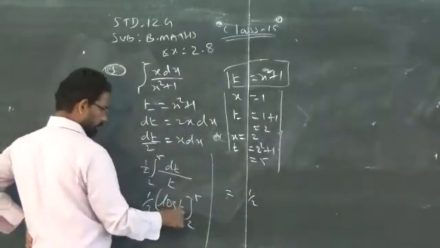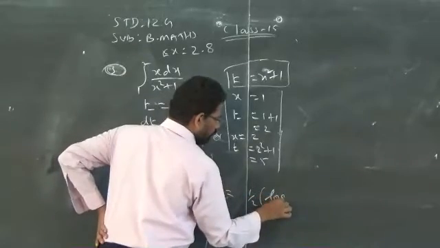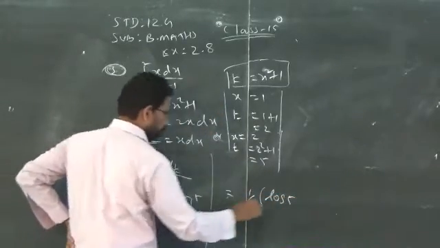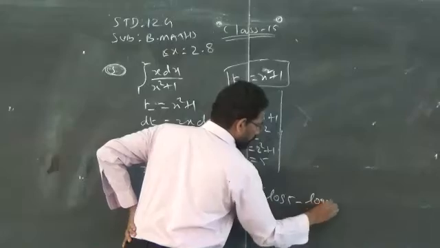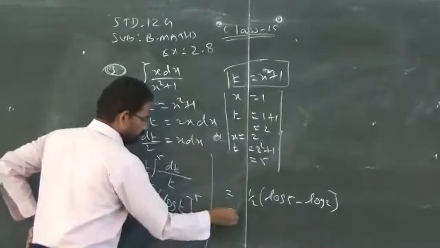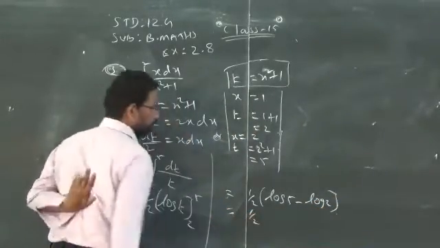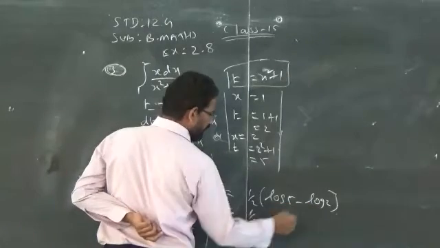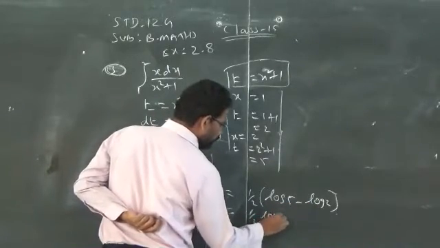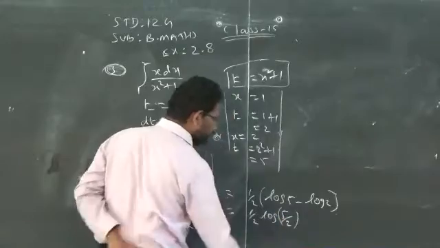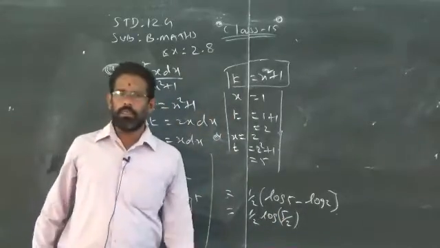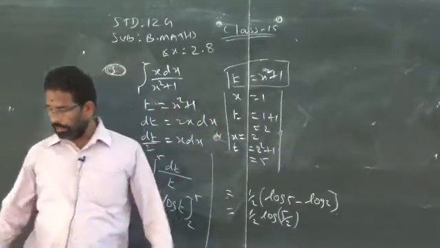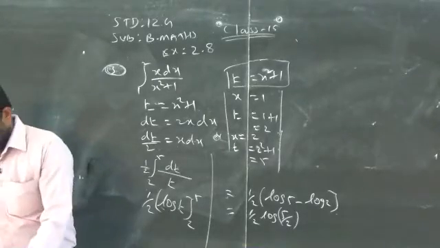First you have to replace the upper limit, log 5 minus log 2. 1 by 2 of log a minus log b, which will give you log a by b. Log a minus log b refers to log a by b. Clear?